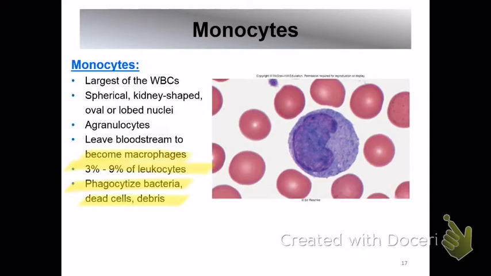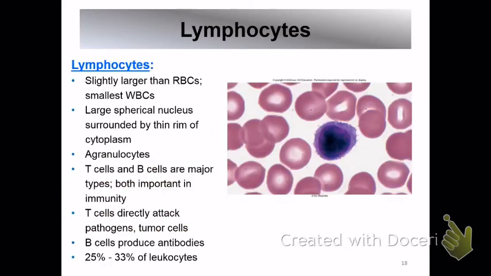And macrophages are big, P-H-A-G-E, big eaters. They go around like Pac-Man eating all that's bad. So monocytes become macrophages, 3 to 9%. They phagocytize bacteria and the dead debris cells.